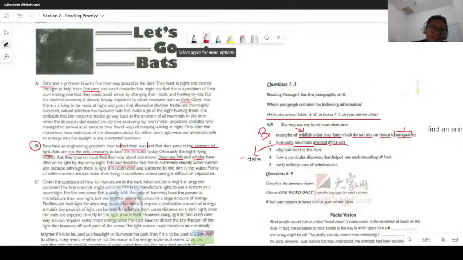Okay, so let's quickly read paragraph A. Given that there's a living to be made at night, and given that the alternative daytime trades are fairly occupied, natural selection favored bats to make a go of the night hunting trade. It is probable that bats go way back in the ancestry of all mammals. Okay, we found mammals.